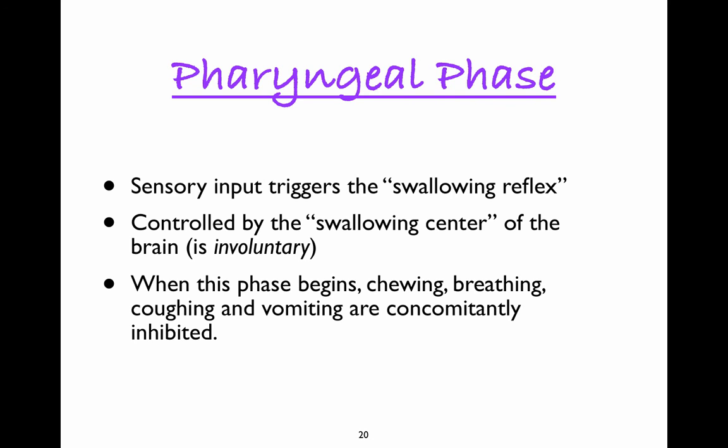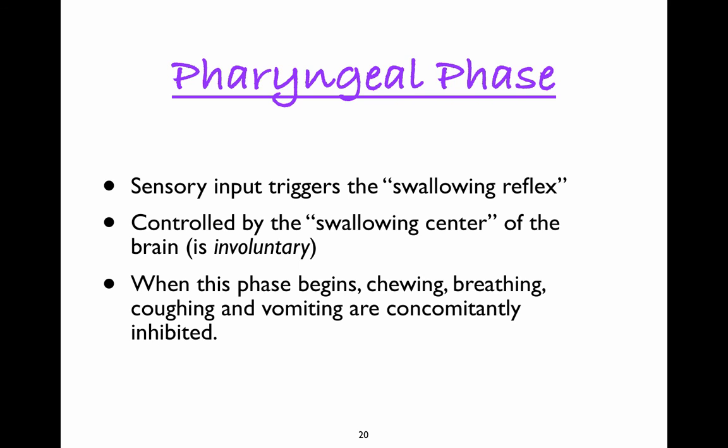We are almost ready to talk about the pharyngeal phase. The pharyngeal phase is important for many, many reasons, but it marks not only the passage of the bolus, but an entirely different type of acts in the swallowing process, so that no longer at this phase are we as concerned with voluntary activities, but we are concerned with the involuntary activities that are mediated by specific areas in the brain.